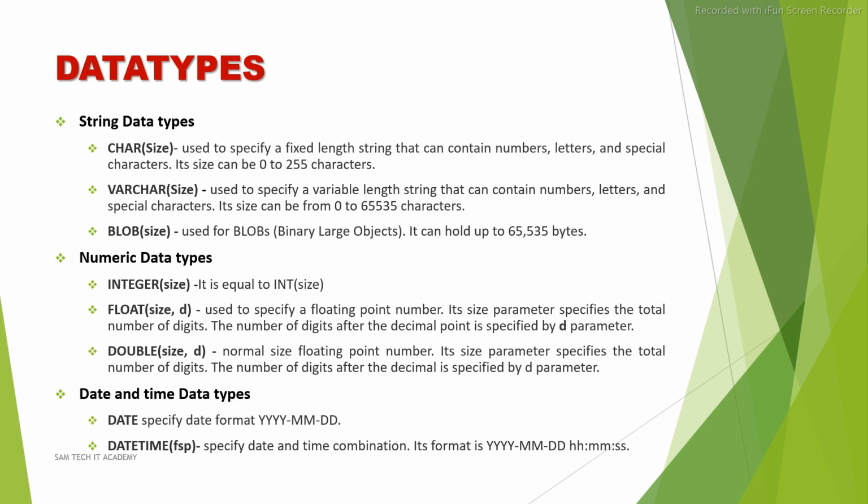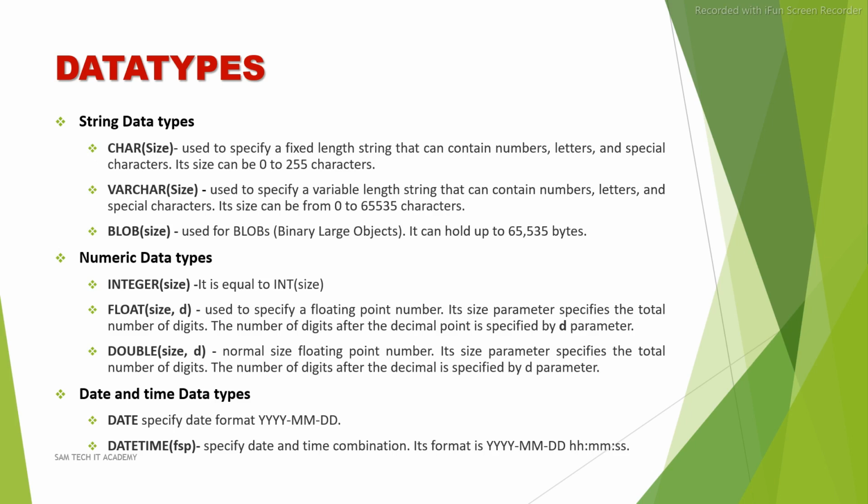String data types have three main things, and of course there are a lot of types in string, but here I am pointing out only the important data types which come under string: CHAR, VARCHAR and BLOB. CHAR is a fixed length, but VARCHAR is a variable length.